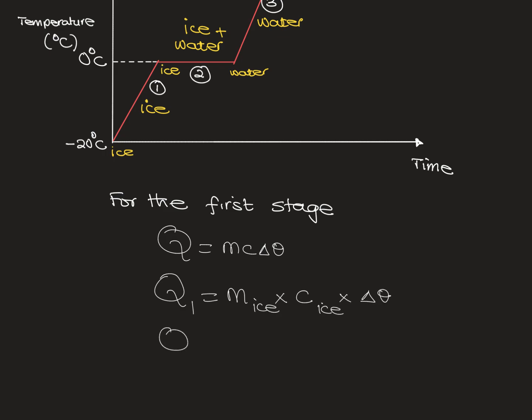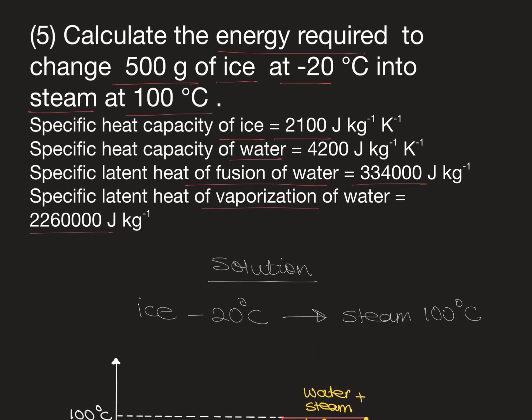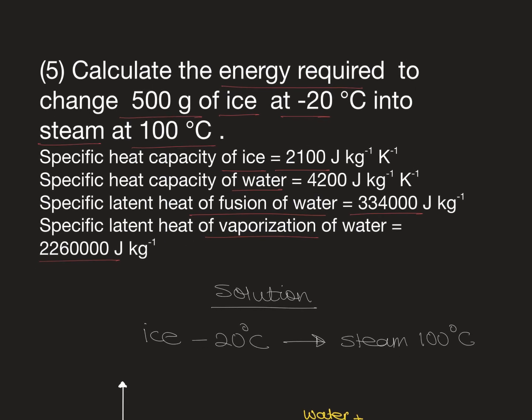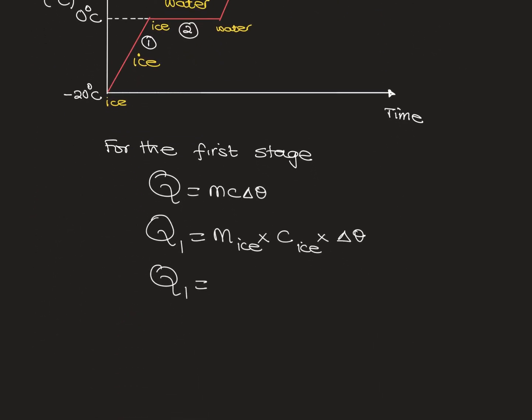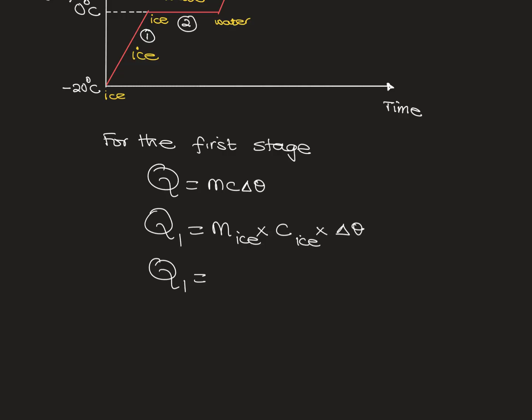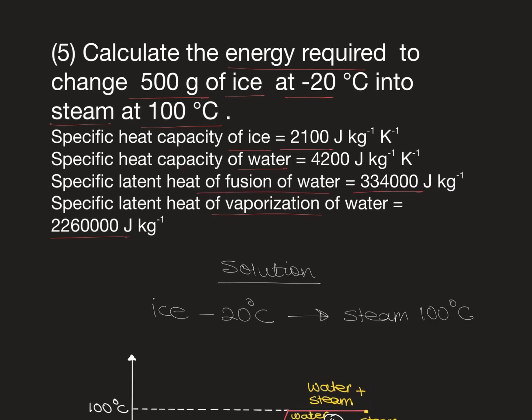So Q1 is equal to the mass of the ice, given in the question as 500 grams, which is the same as 0.5 kilograms, times the specific heat capacity of ice. We will go to the question and identify it.